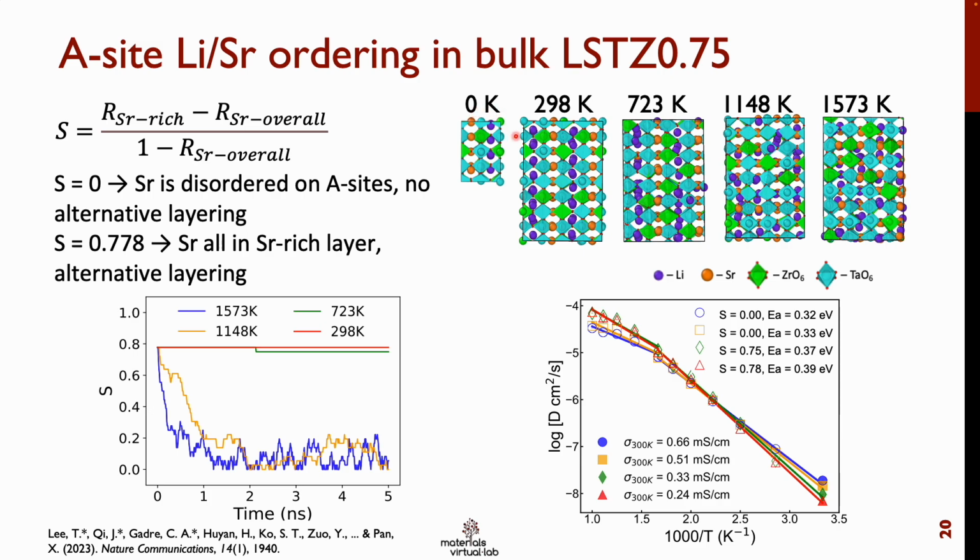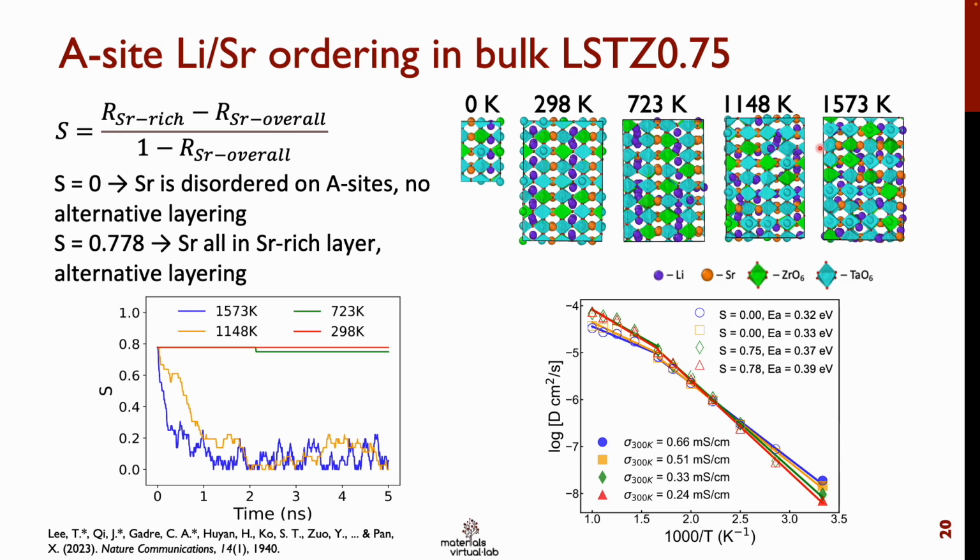You can see that at 0 Kelvin, the most stable structure has lithium and lanthanum stacking such that one layer is strontium-rich, while for the other layer the A-site has more lithium on it. When all the strontium is in one layer, the S parameter is equal to 0.778, which is the alternate stacking, while S equal to 0 represents a disordered A-site.